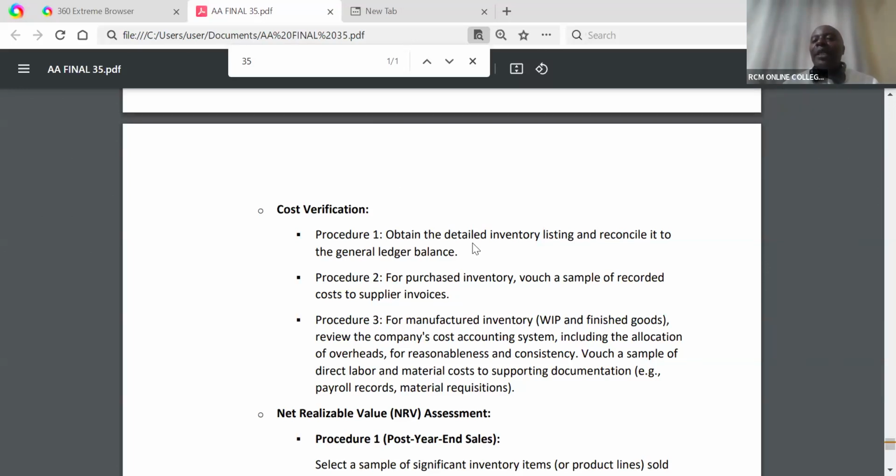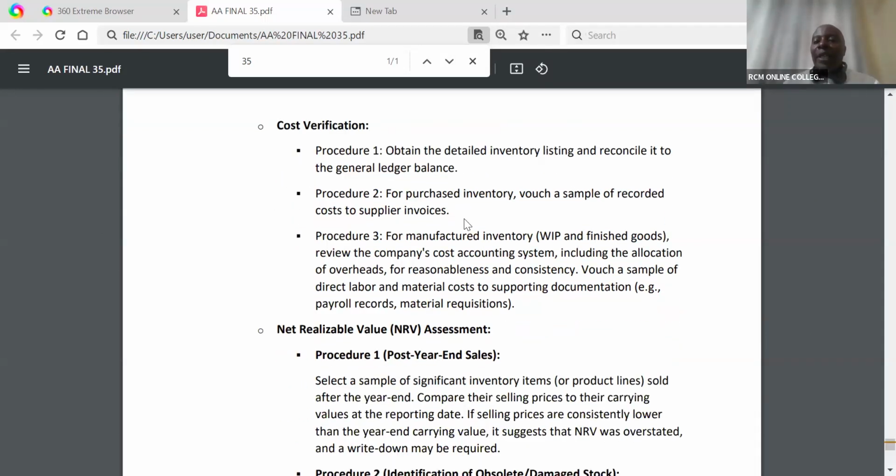Obtain the detailed inventory listing and reconcile it to the general ledger balance. For purchased inventory, vouch a sample of recorded costs to supplier invoices. For manufactured inventory, work in progress and finished goods, review the company's cost accounting system, including the allocation of overheads, for reasonableness and consistency.